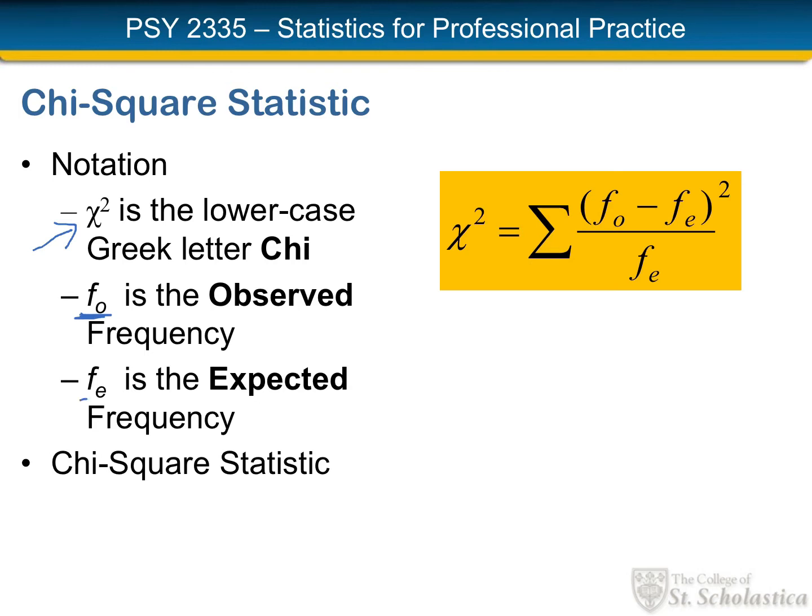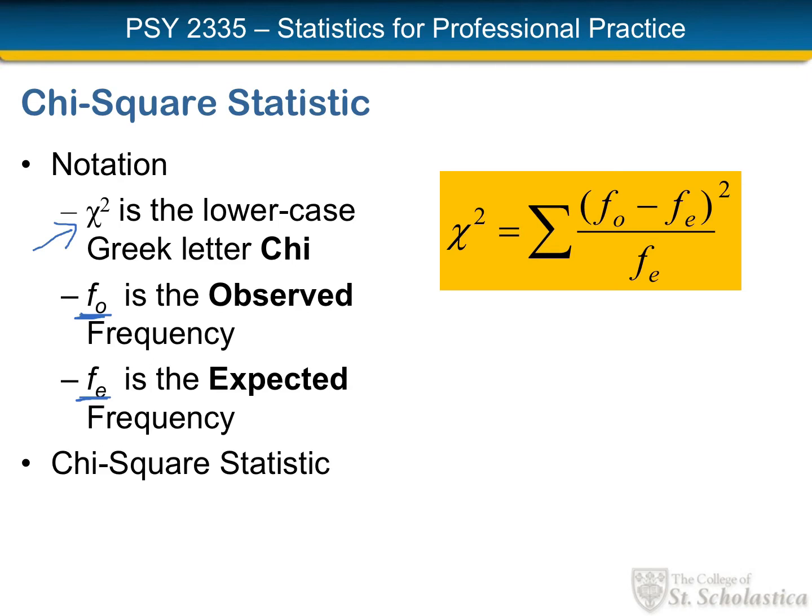My expected frequency is one that I computed based on either that idea of equal groups, that all the groups would be equally likely, or based on some previous population. Before I actually carry out the test, I know what my expected proportions would be, and then I just have to apply them to the sample size. We'll be doing some of those computations in one of the other videos, so you'll be able to see it there.